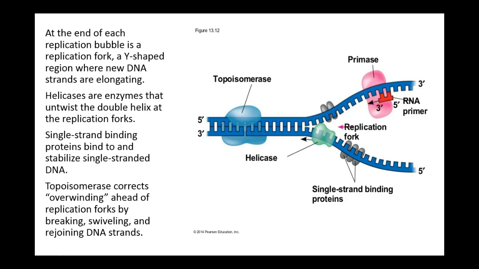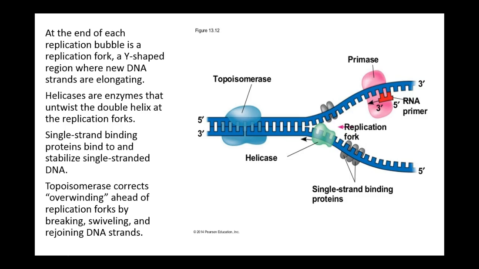The other things you have here are your replication fork, which is being caused by this bubble, and other enzymes. You have this helicase, and helicase's job is to unwind the DNA, so kind of unzip it, you might say.